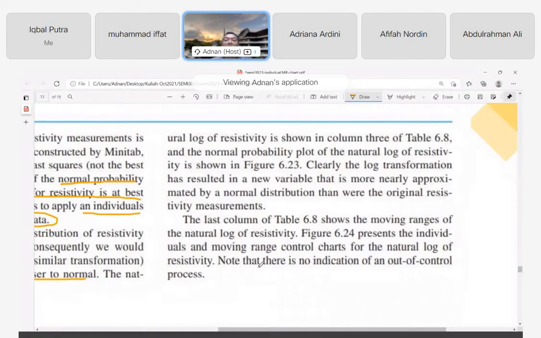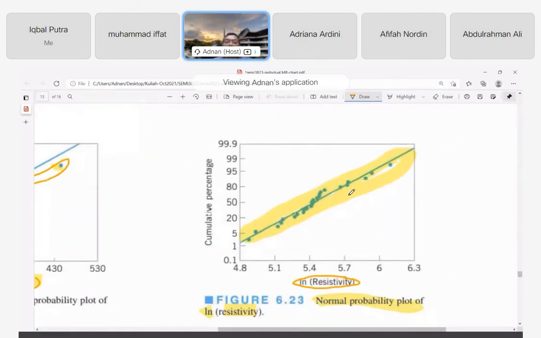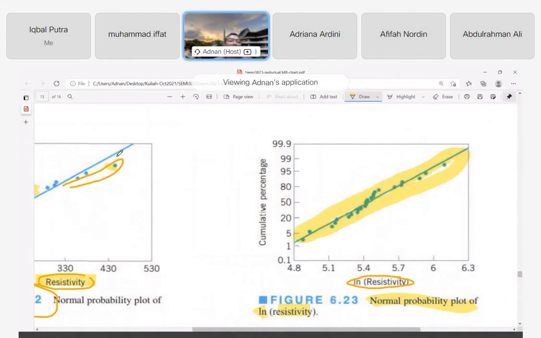The normal probability plot of the natural log of resistivity is shown in figure 6.23. So this is what is showing here, the natural log of this. You can see the difference here. This is far away, right? So this is getting closer. These 2 points now get close to that. These 3 points now very close.